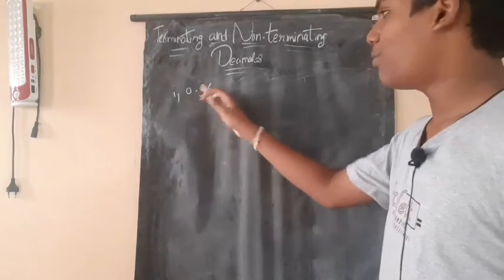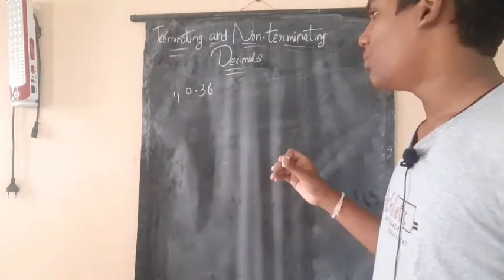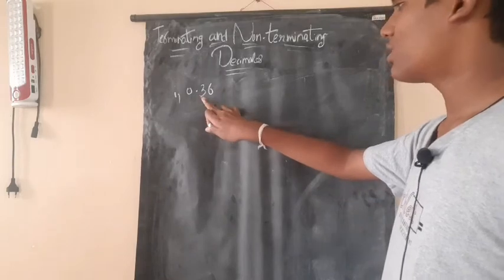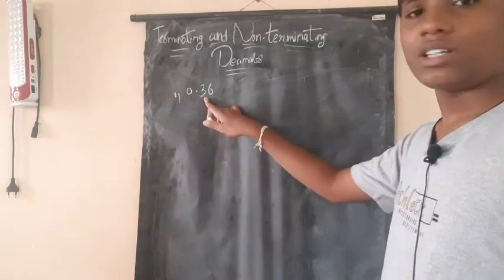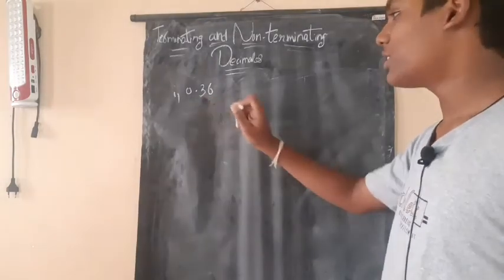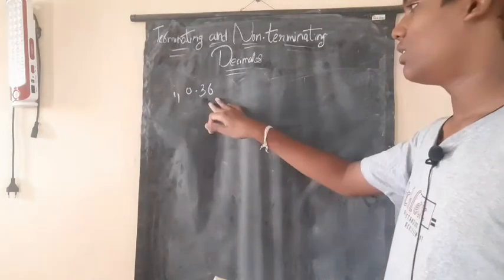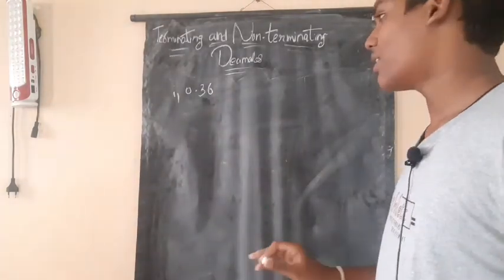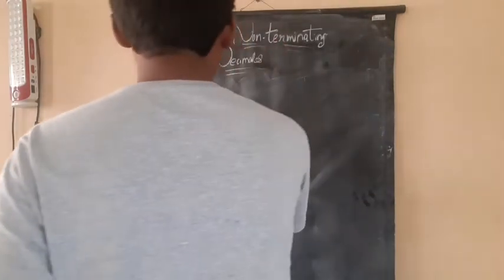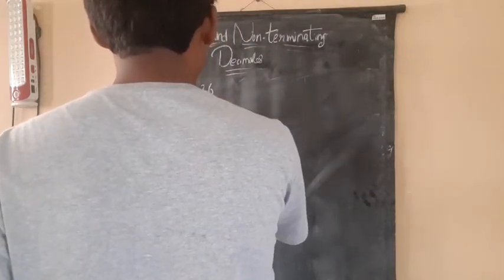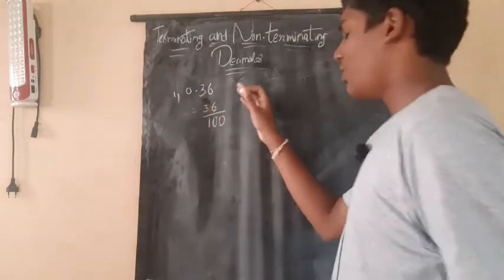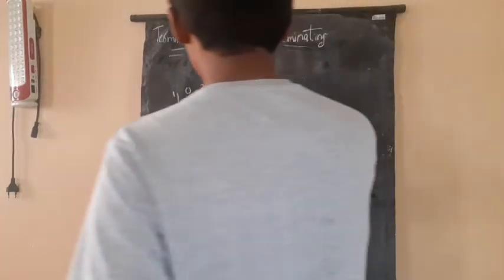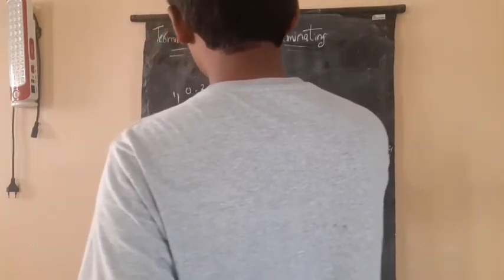After the point there are two digits: the tenths place and the hundredths place, so we write 36 by 100. If it were 0.366, we would write 366 by 1000, since that is the thousandths place.